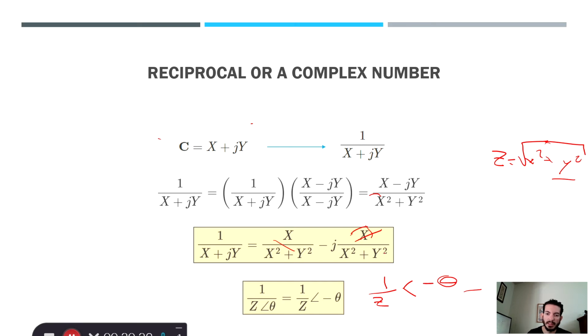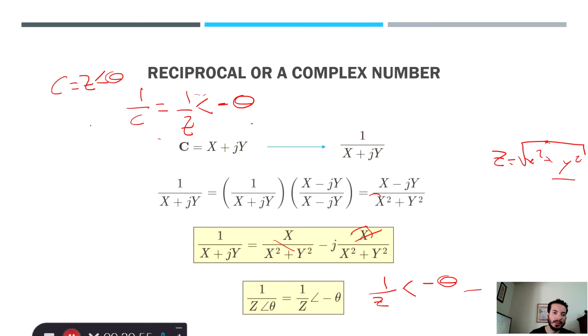That is z. And in polar coordinates, the reciprocal of a complex number, otherwise 1 over c, of course we know by now that c in polar is z and the angle. 1 over c equals 1 over z with a negative angle.